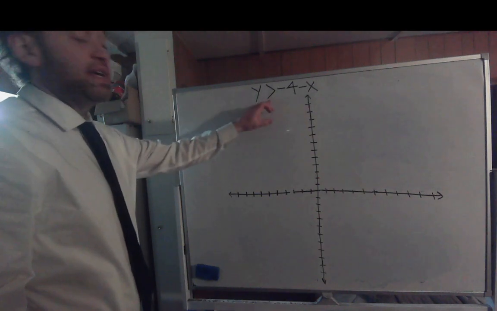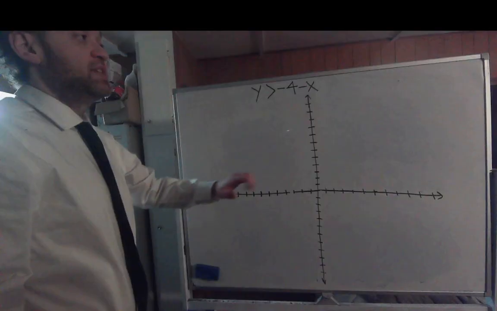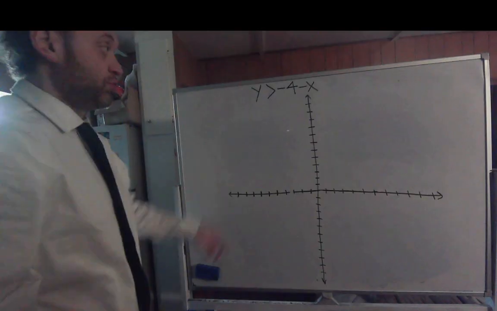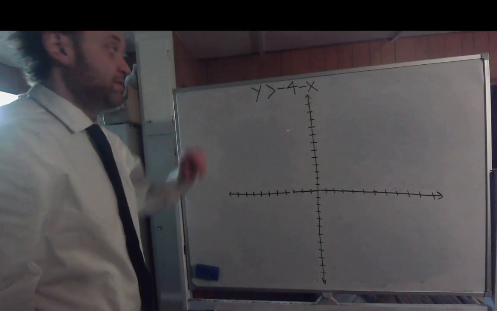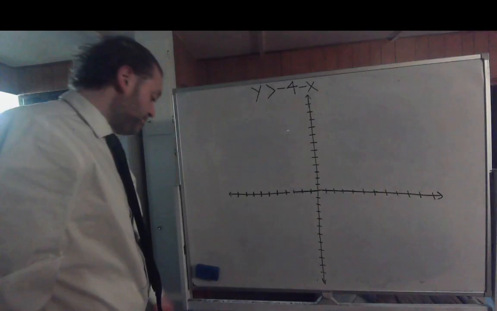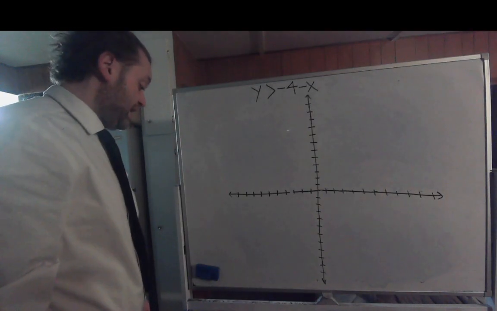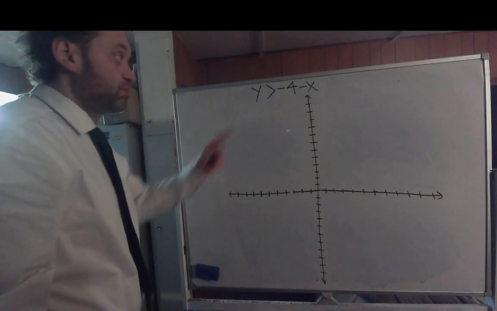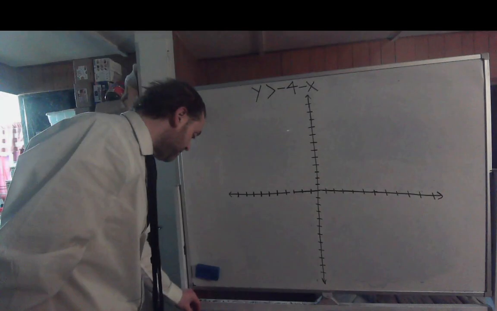In this case, the answer is no. Since it's just greater than, you're going to draw a dotted line through the line y equals negative 4 minus x. So let's start with the y-intercept, which would be at 0, negative 4.